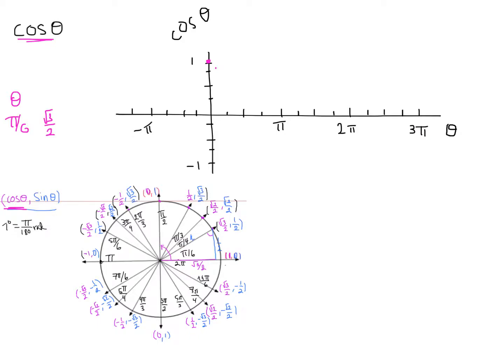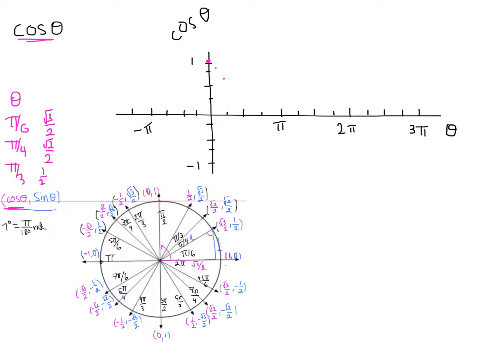And then we have pi over 4, and that's the square root of 2 over 2, about 0.7. Pi over 4 is right here, and 0.7 is maybe about there. It's a better point here. Then we have pi over 3, and pi over 3 is 1/2.